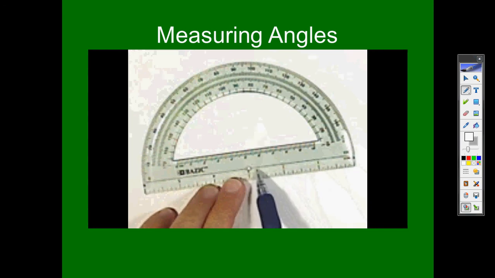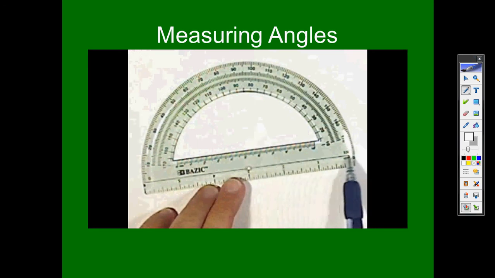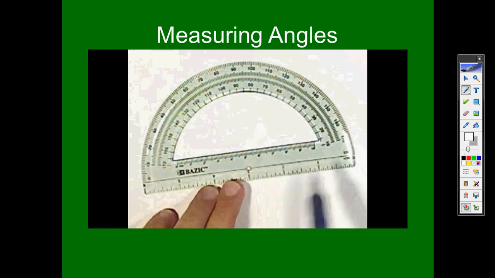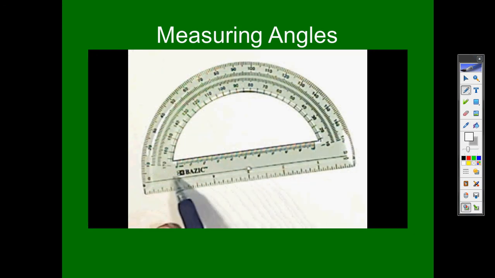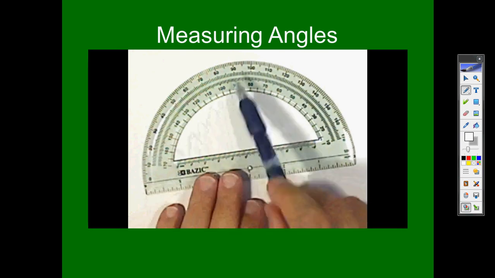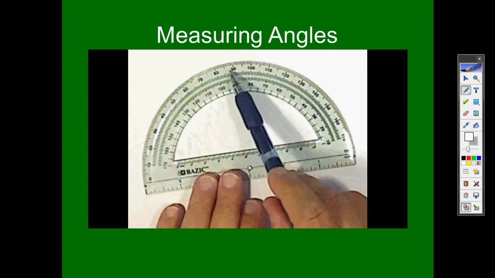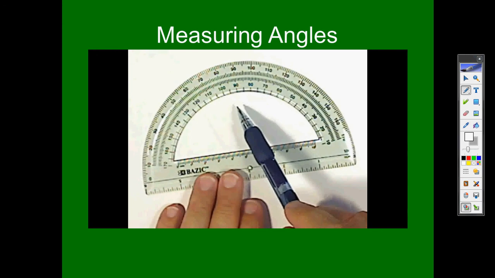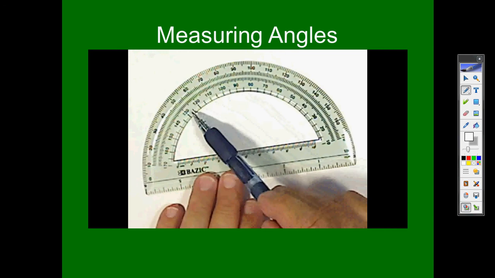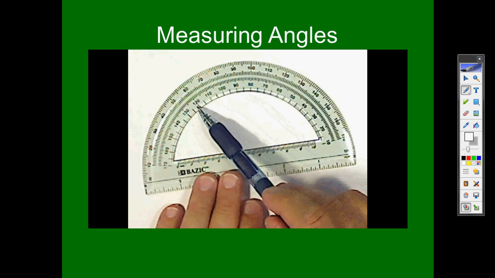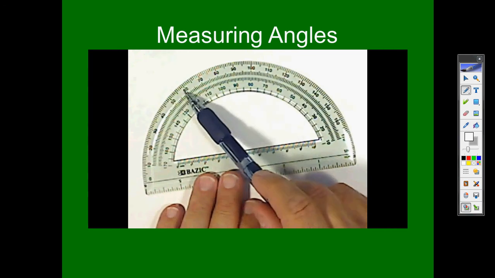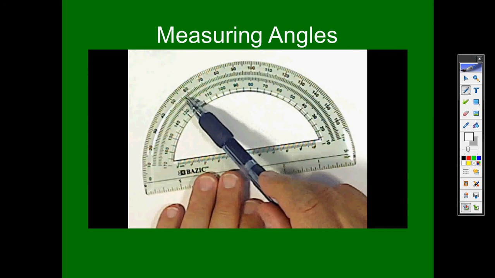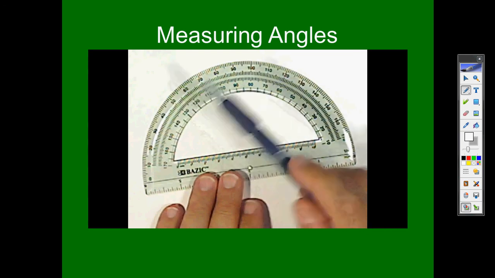The 0-degree line, which is at 0, or going to the left at 0 degrees. You'll notice there's two sets of numbers. You use the number that represents your angle. So if I'm over here at 120, that will be if it's an obtuse angle, and 60 across from the 120 will be if it's acute.